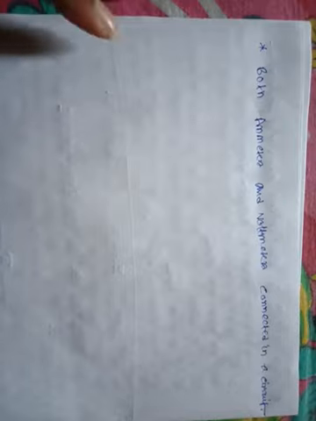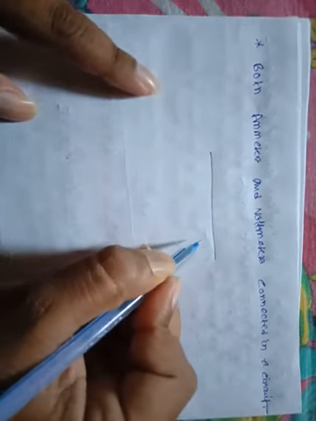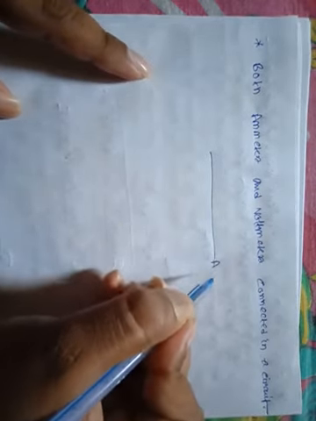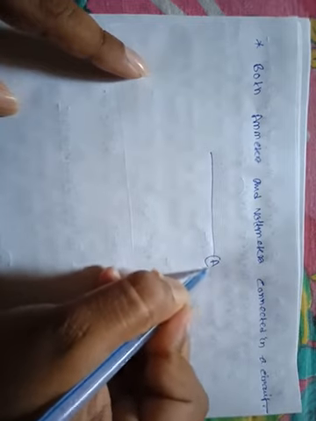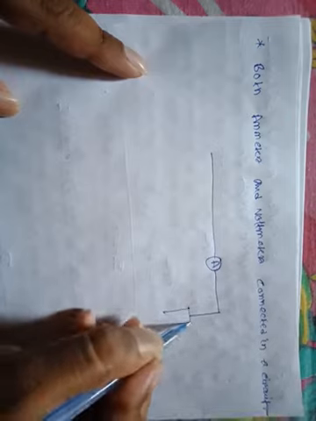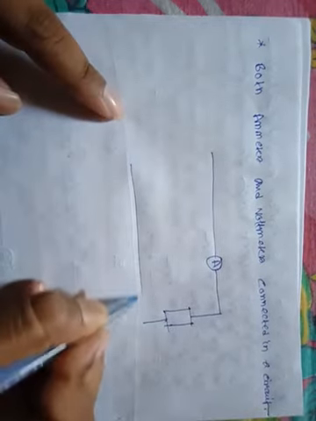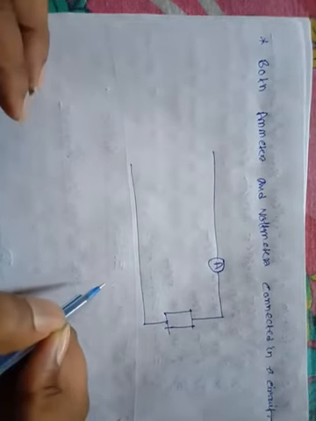Next is both ammeter and voltmeter connected in a circuit, and the ammeter is connected to the load. Here it is a load. Here both ammeter and voltmeter are connected.